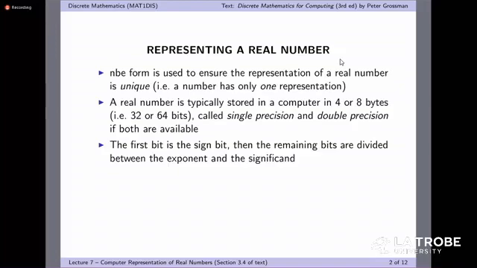Remember what our number was? The number was m times 2 to the power e. So this is your significand, and that's your exponent. The first bit is the sign bit. If this number is positive, then you have 0. If this number is negative, then you will have 1. Okay, the first bit gone. Then the remaining 31 bits are divided between significand and the exponent.